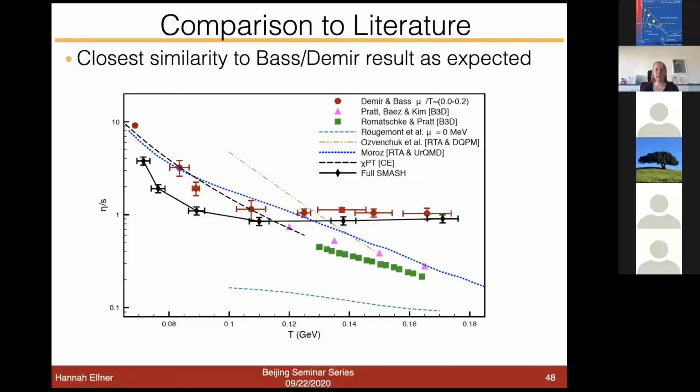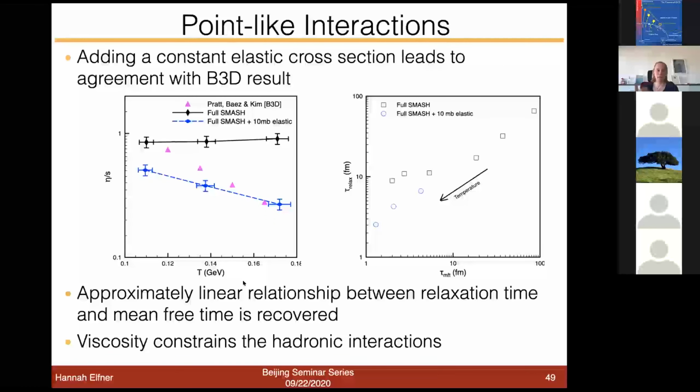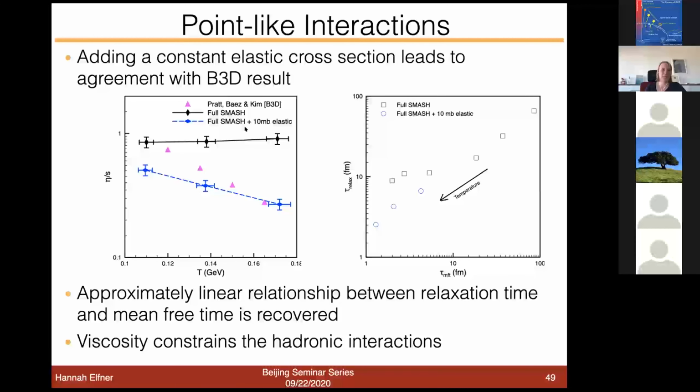To at least get closer to their result, we added a constant elastic cross-section to our full SMASH. We just added a 10 millibarn elastic cross-section to show the principle. And that actually brings you down there, because you don't delay the relaxation anymore by your resonance lifetimes, so it decreases your shear viscosity.